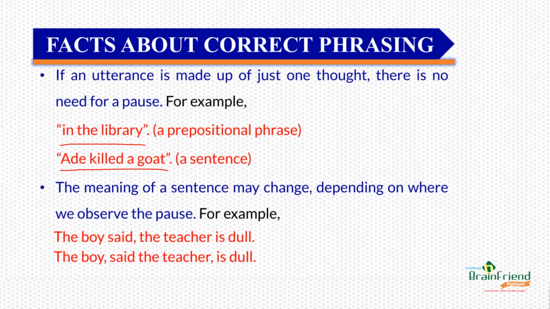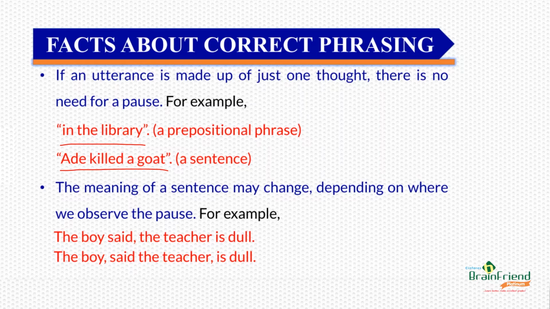Another fact about correct phrasing is that the meaning of a sentence may change depending on where we observe the pause. For example, if I say, the boy said, the teacher is dull. And I also say, the boy said the teacher is dull.